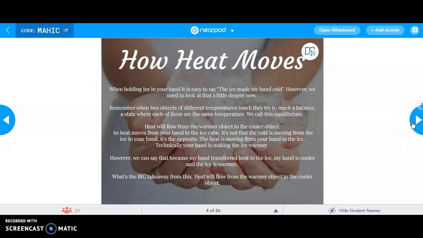You are not the same temperature as ice. Maybe Orphelia is right now, I don't know, because she keeps saying she's cold. But the rest of us are not the temperature of ice. So if we put ice in our hands, or your mean little brother puts it down your back when you're in the kitchen cooking, you feel that coolness because the heat is leaving your body going to the ice.